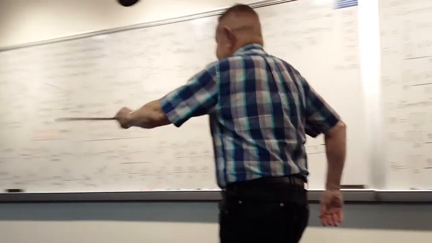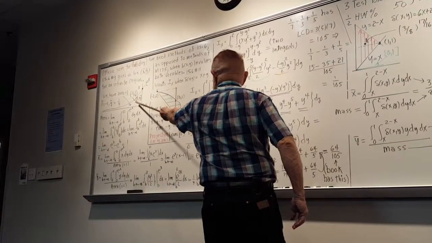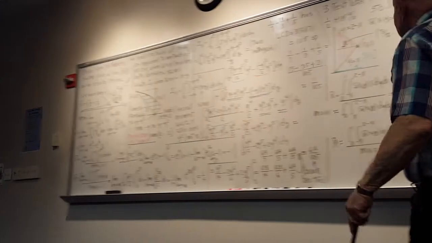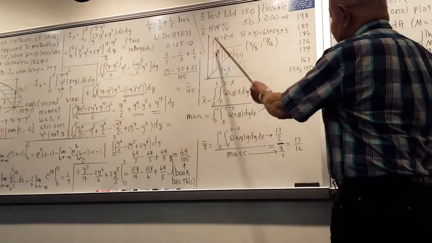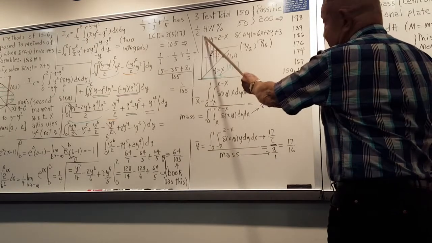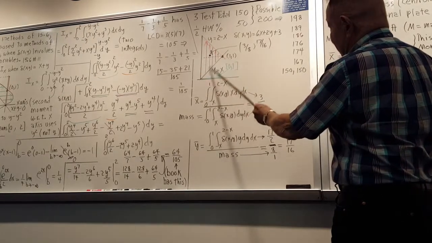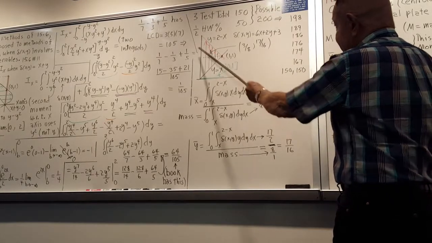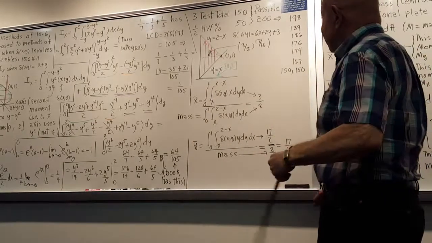This was a center of mass, but it was uniform material. So with this one, your region is outlined by this triangle. You have y equals x, and y equals 2 minus x, and the y-axis.